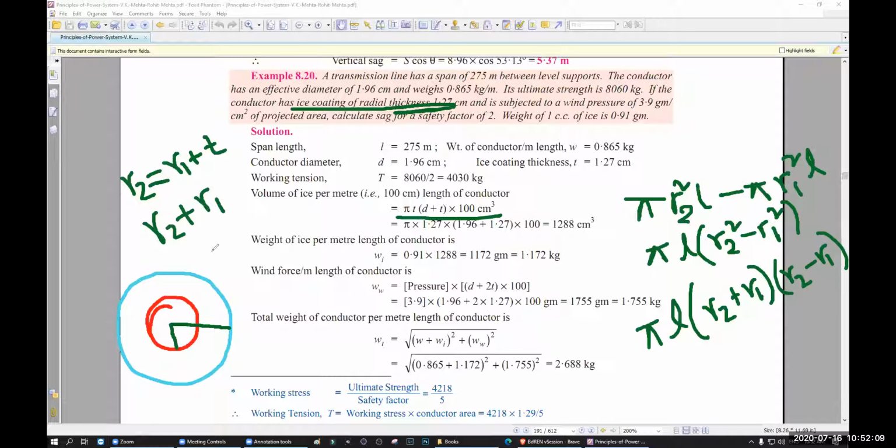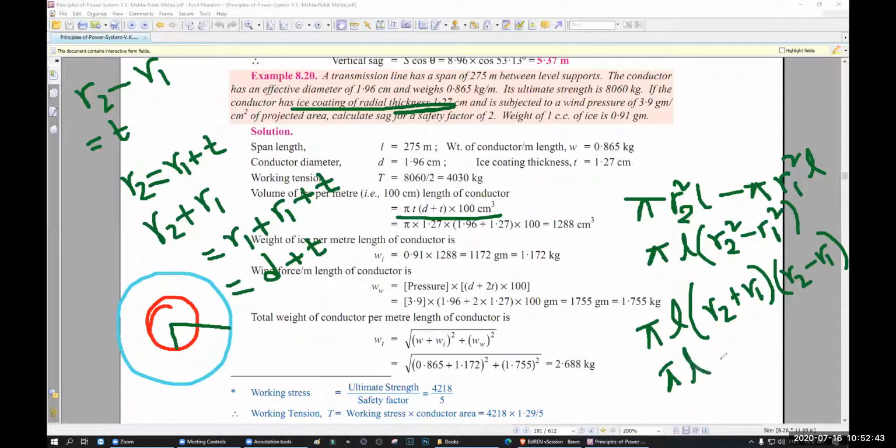R2 plus R1 is R1 plus R1 plus T. R1 plus R1 is D, the diameter of the conductor, plus T. What about R2 minus R1? R2 is R1 plus T, minus R1, they cancel out, so this value is T. So pi L, R2 plus R1 is equal to D plus T.